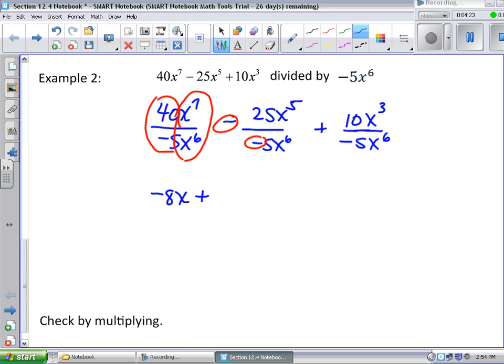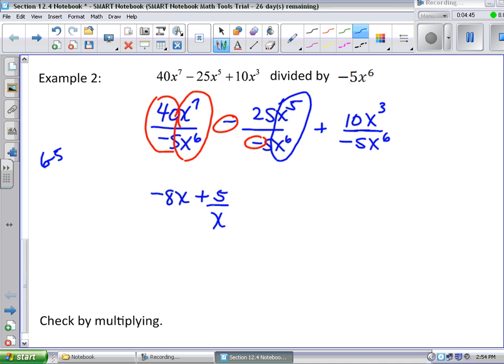Now I have a negative divided by a negative, which is going to give me a positive. And 25 divided by 5 would give me a 5. And here I have x to the fifth divided by x to the sixth. This one is bottom heavy, so when I subtract, I'm going to do the 6 minus 5, and I'm going to leave my x in the denominator because it was bottom heavy.